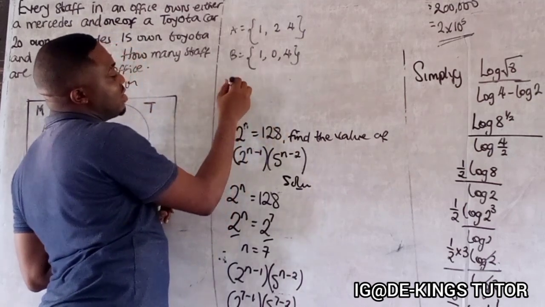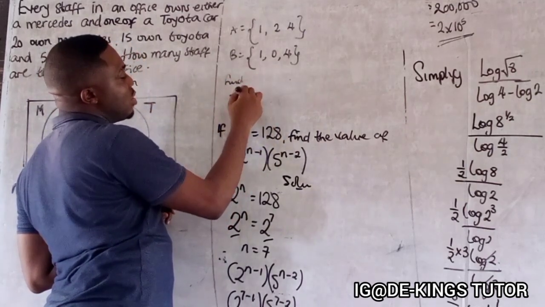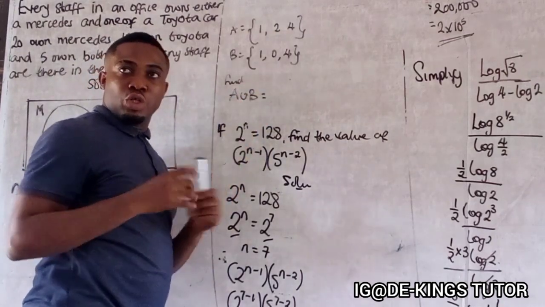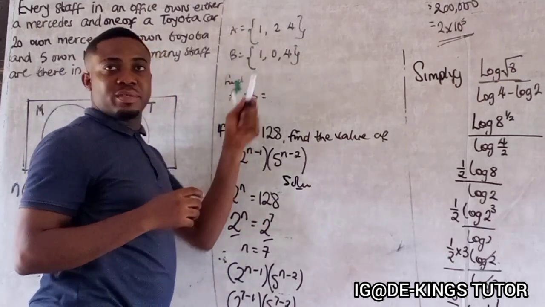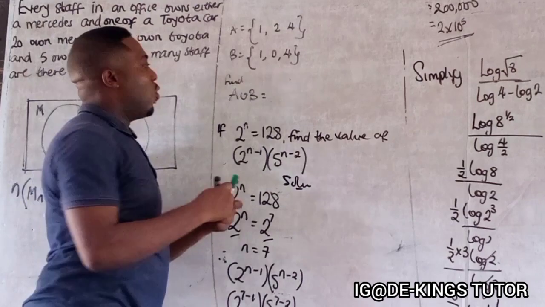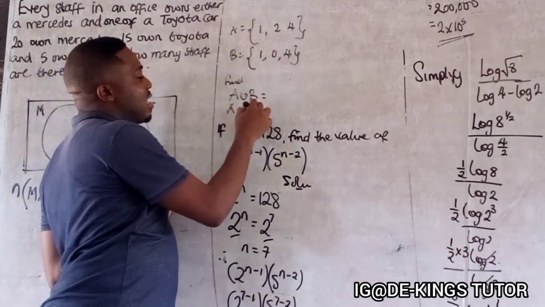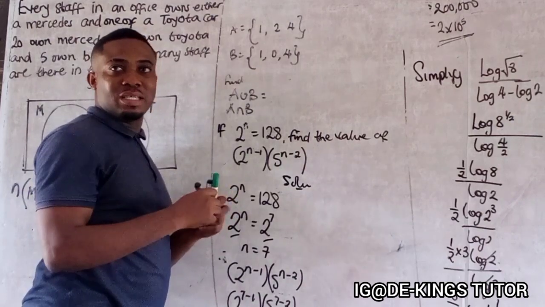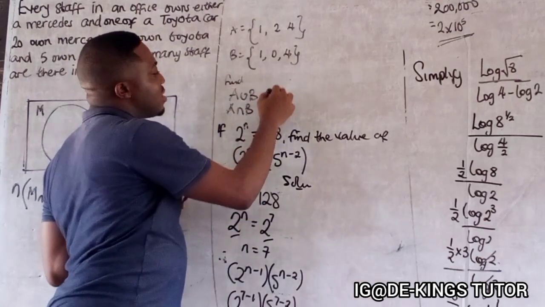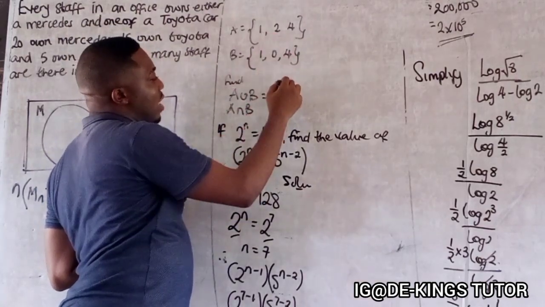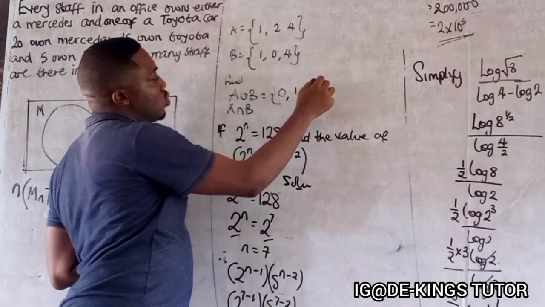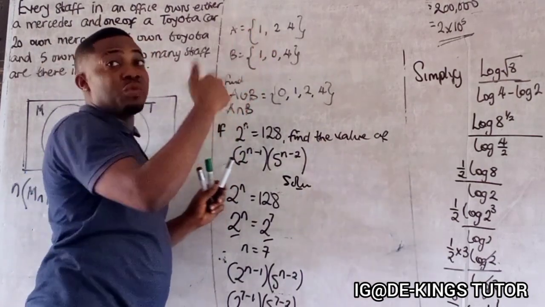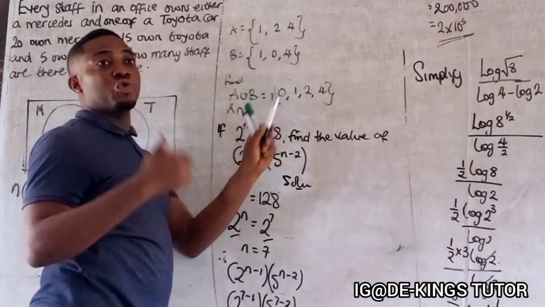Now, if you are asked to find A union B, this stands for union, the collection of all of both sets without repeating. So A union B gives us 0, 1, 2, and 4 as a collection of everything in the 2 sets without repeating. Even if there's a 1 here, you don't repeat it.